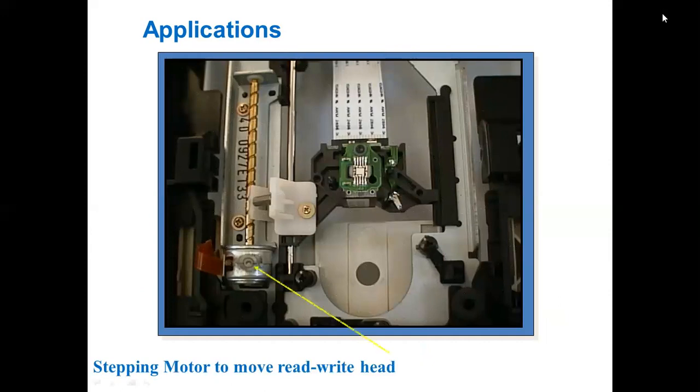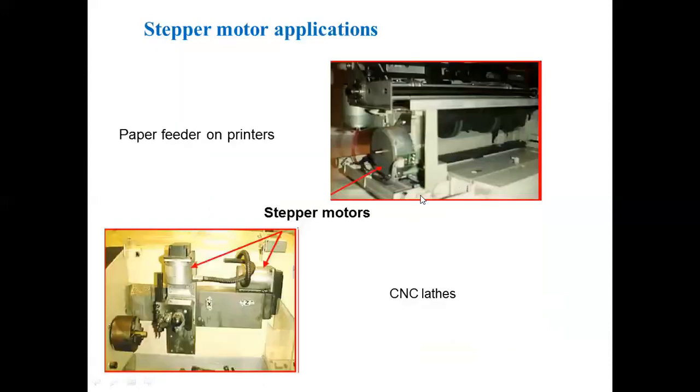Next, applications. These are the applications of the read write head in a system. This is the stepper motor, and it is used to move the read write head in computer systems and PCs. Further stepper motor applications, if you observe, include paper feeders on printers and CNC lathe machines.